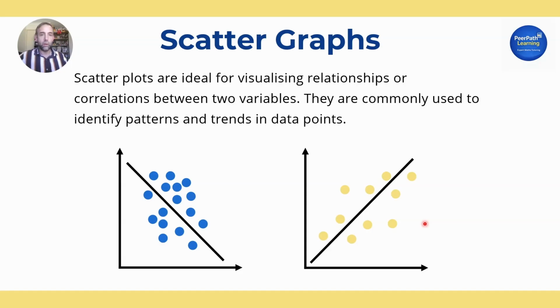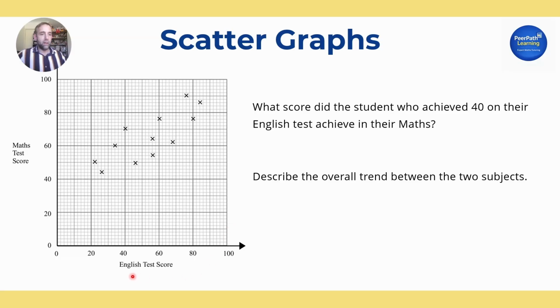So let's have a look at a question together. So here we have a scatter graph comparing English test scores to maths test scores. And the first question says, what score did the student who achieved 40 on their English test achieve in their maths? So you need to find 40 on the axis which represents English. Draw a line until you meet the point you're looking for.